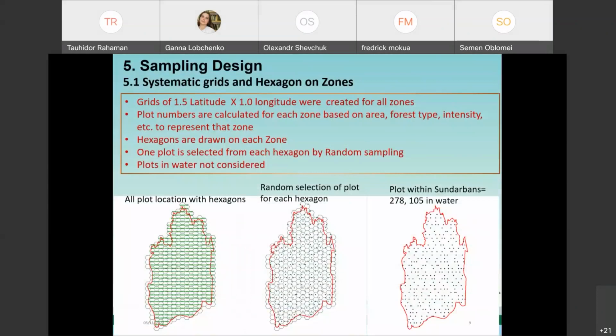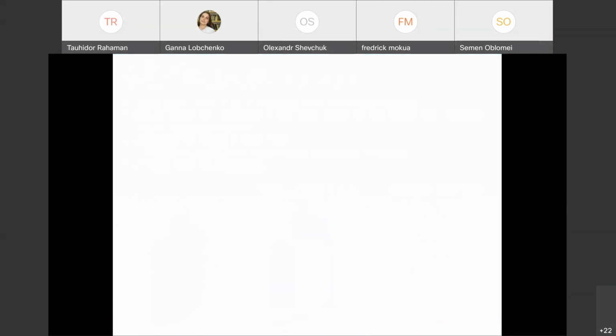We divided the country into grids of 0.5 latitude and 1 longitude, and then determined hexagons with individual plots. One plot is selected for each hexagon by random sampling, and plots in water were not considered.